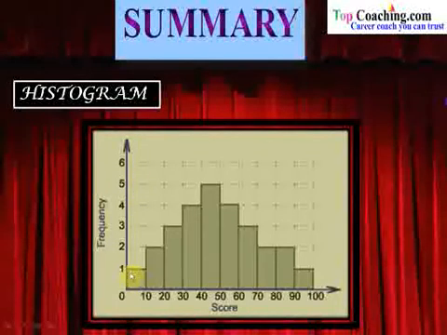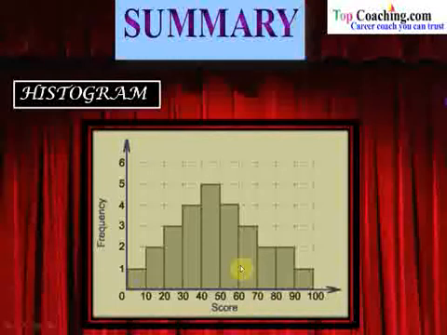So here we can say there is only one candidate who got a score between 0 to 10. Again we can say there are only two individuals who got 10 to 20. If we talk about the class interval of 60 to 70, from this graph we can say there are three candidates who got a score between 60 to 70.